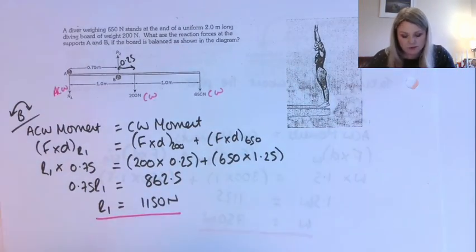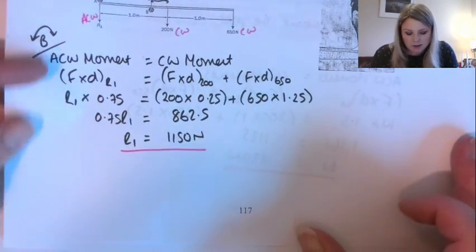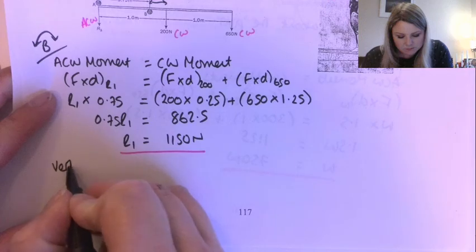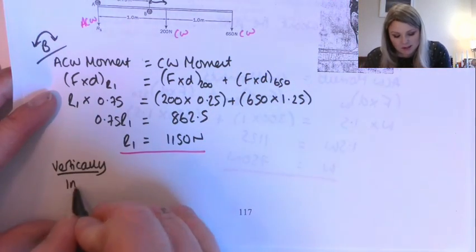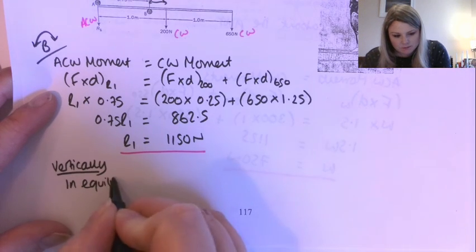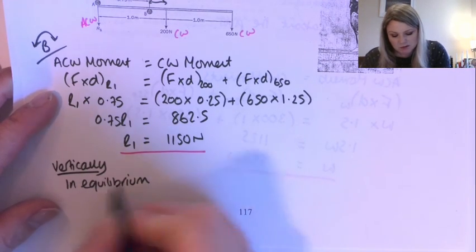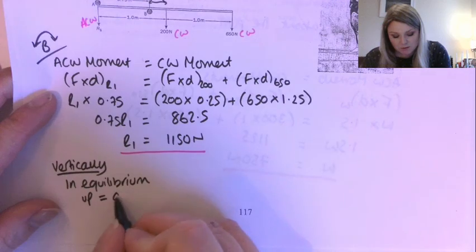So if I'm looking at the forces vertically, and again, show the examiner you know what you're at, so I'm going to write in equilibrium, or sometimes I just write up equals down.